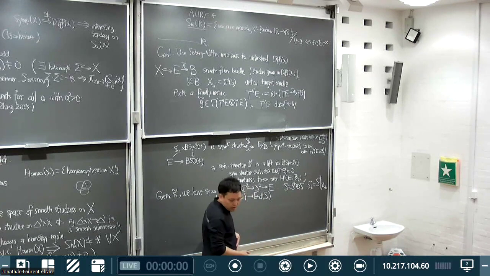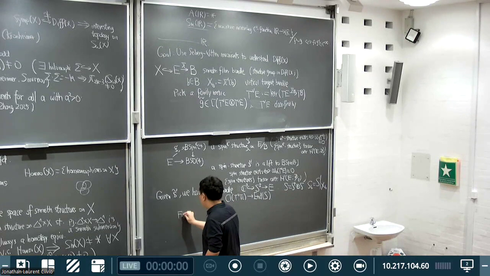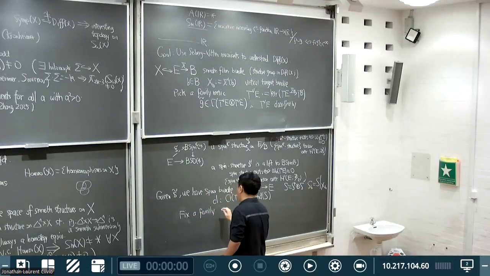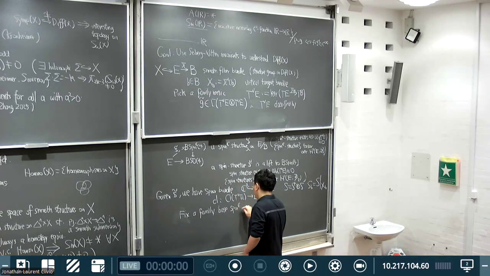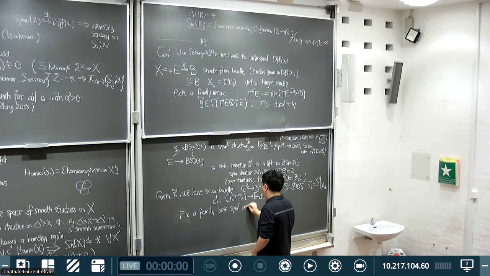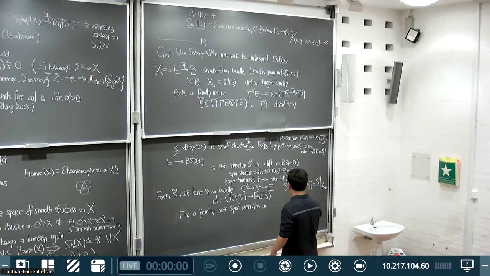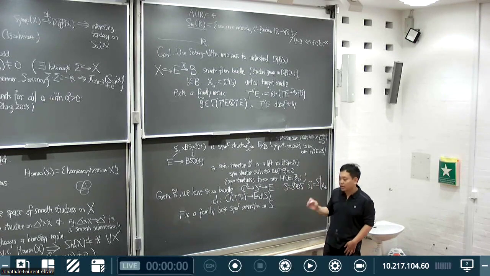Now let's fix a family base connection, that is, a connection on S which is compatible with the Levi-Civita connection on TVE.